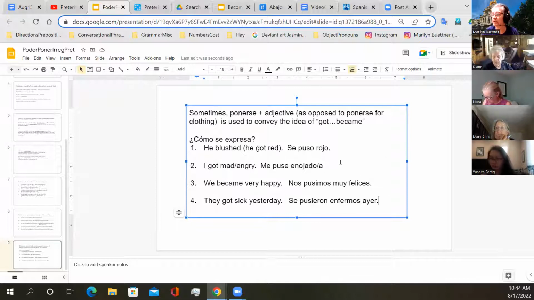But you hear ponerse used a lot with these. Look, these are all descriptive words. They're not talking about jacket or shirt or pants. They're talking about an attitude or physical feeling. All of these talk about a reaction, an attitude change, an emotional or physical state that happened pretty quickly. Bien? Okay. Bueno, ¿alguna pregunta?